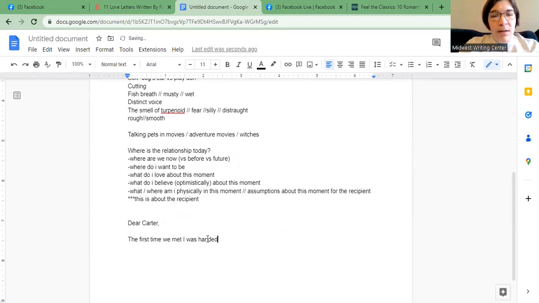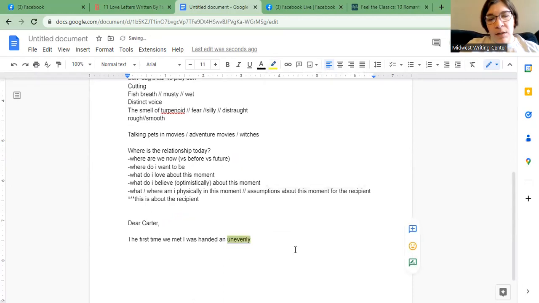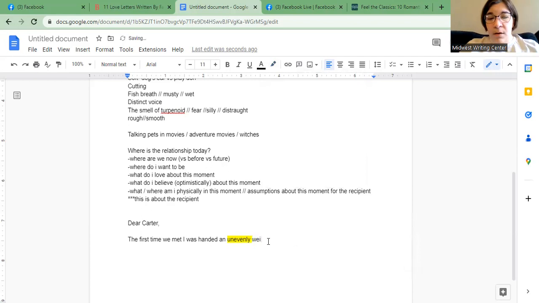I was handed an unevenly, see, that's not a very great adjective. So probably when I come back and I want to revise this, I will end up highlighting this word unevenly. And that's fine. First drafts are first drafts.